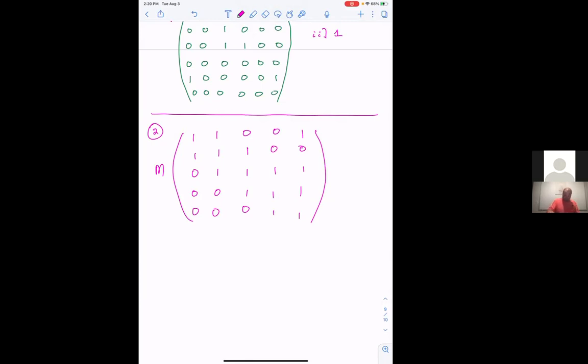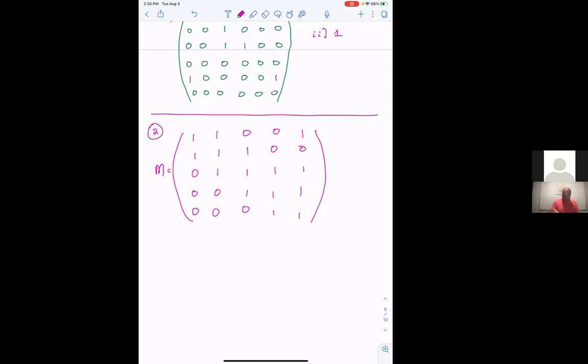So let's take a look at M squared. Make a new matrix, a 5 by 5: 1, 1, 0, 0, 0, 1, 1, 1, 1, 0, 0, 0, 1, 1, 1, 1, 0, 0, 1, 1, 1, 0, 0, 0, 1, 1. So this is what I'm calling matrix E.